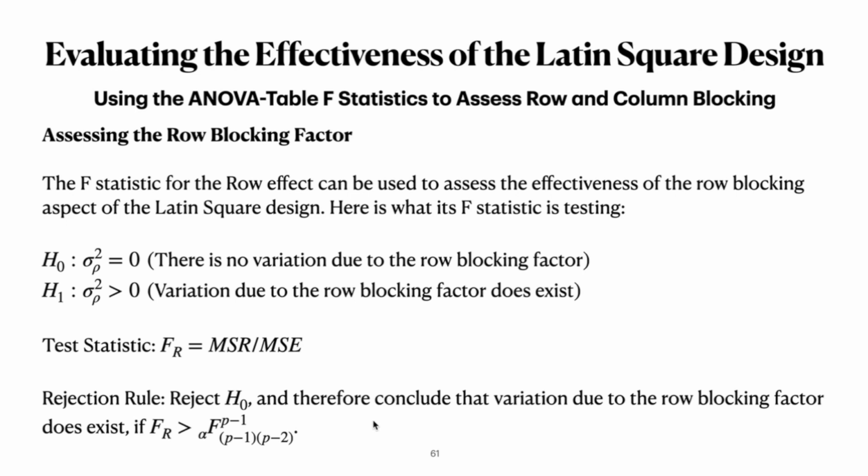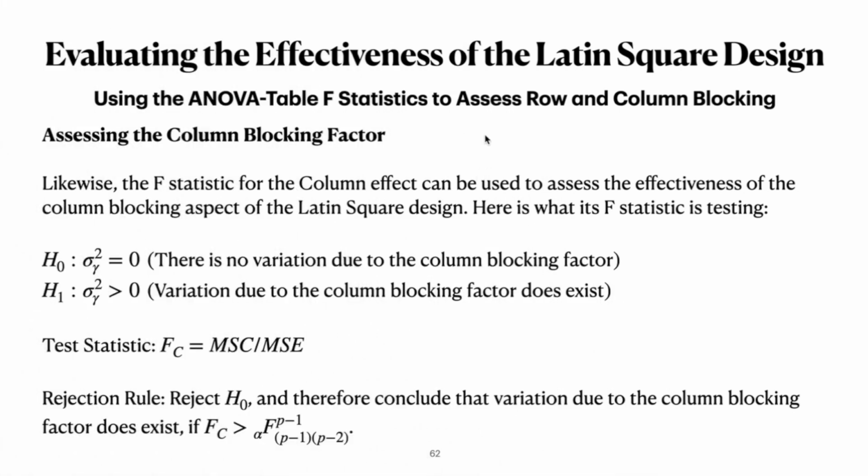The rejection rule is to reject the null hypothesis if the test statistic F sub r exceeds the upper alpha percentage point of the F distribution with p minus 1 numerator degrees of freedom and denominator degrees of freedom equal to p minus 1 times p minus 2. The significance level alpha that you use here does not necessarily have to be the same significance level that you use for testing hypotheses about the treatments. It's whatever significance level would make sense in a particular context.